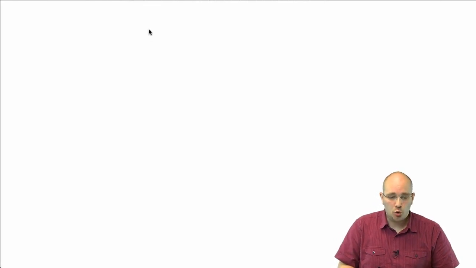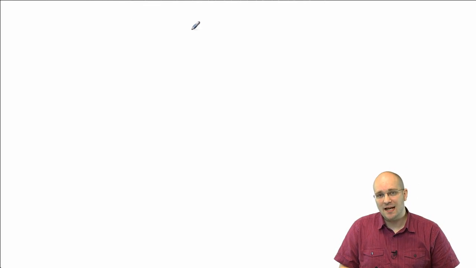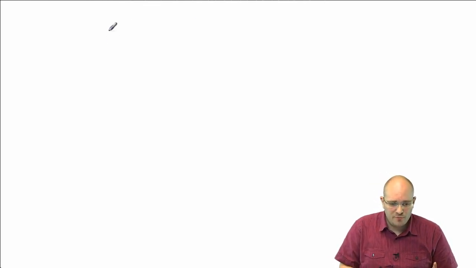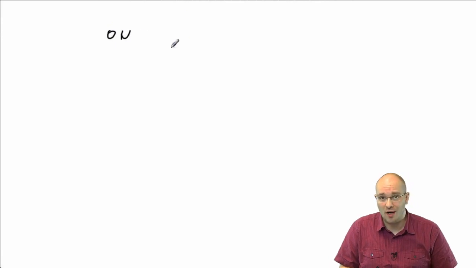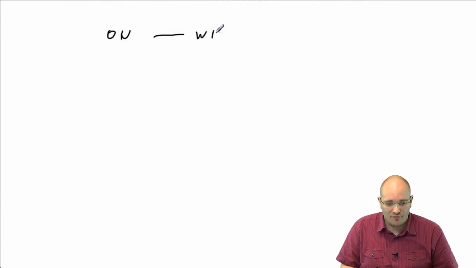When we have mode on, EtherChannel is unconditional. That means that whatever is configured on the other side doesn't matter. So if we have mode on on one side, this is the static configuration, and we have whatever on the other side.